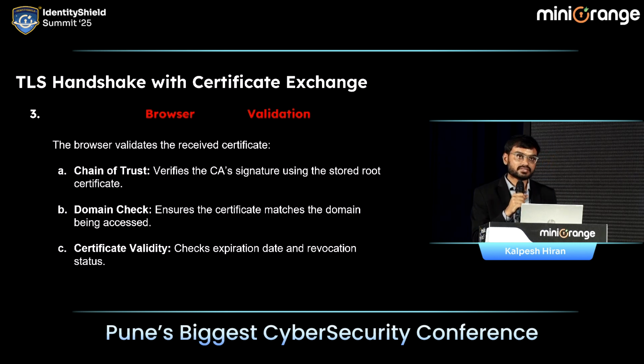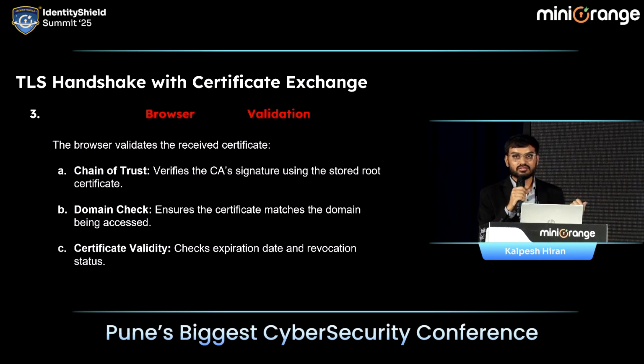Not just that, there can be a case where, let's say, google.com does not belong to me, but Chai Junction belongs to me. So what I can do is generate the certificates for Chai Junction, get them signed by my certificate authority, and use the same certificates to do a man in the middle on google.com.